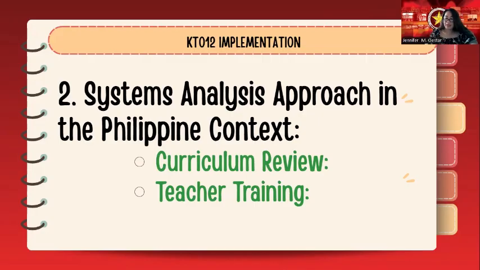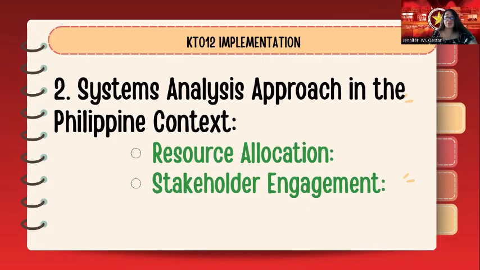To continue, let's have the resource allocation for the K-12 implementation, ensuring that schools have the necessary resources such as textbooks and equipment to support the curriculum, and stakeholder engagement again, because it's a salient part of the education system, the participation of the stakeholders, engaging with parents, employees, and other stakeholders to ensure the curriculum is relevant and responsive to their needs.